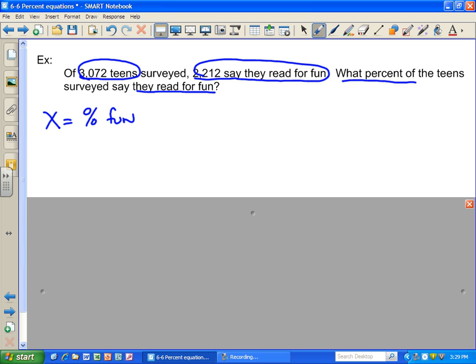So when you're writing an equation, remember it's the percent of the total equals the part. The percent of the total, there's 3,072 teens, equals 2,212 teens. The percent of the total equals how many kids read for fun.